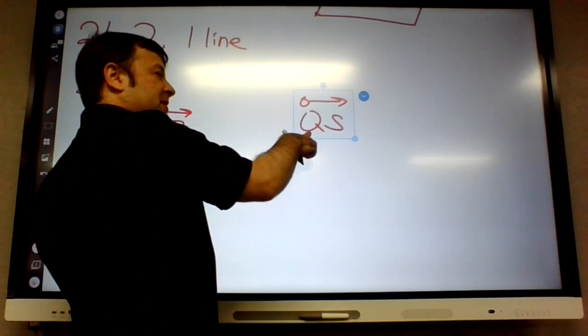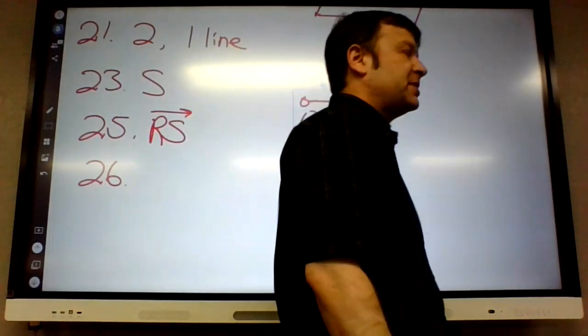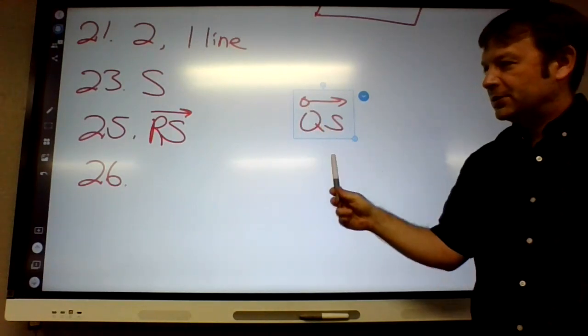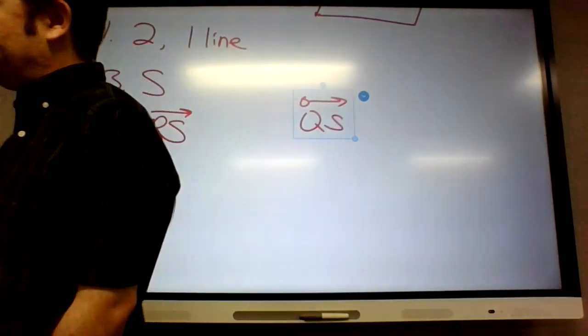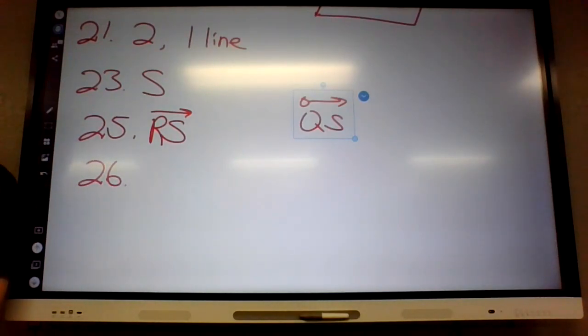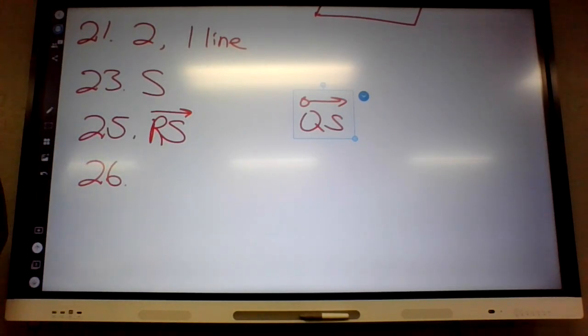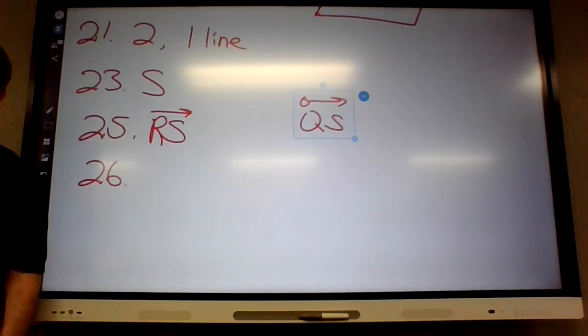It's almost exactly like ray QS, except point Q is not included. Okay, so do you guys see half line QS? Kind of like ray QS. In your head, you should be imagining the line being drawn out to the side there. So 26, ray TR, it starts at T going left. Half line QS starts just after Q going right.